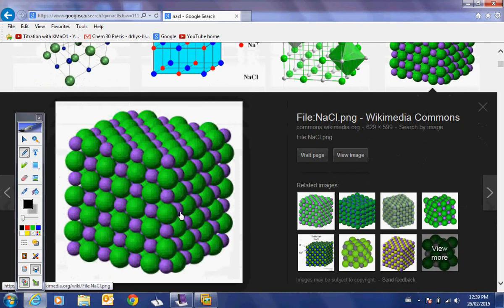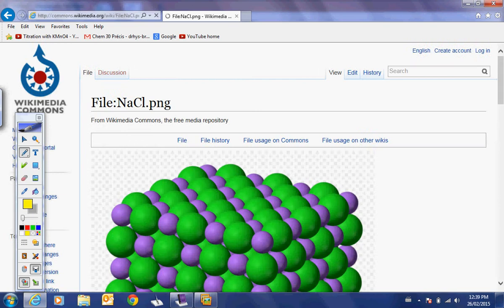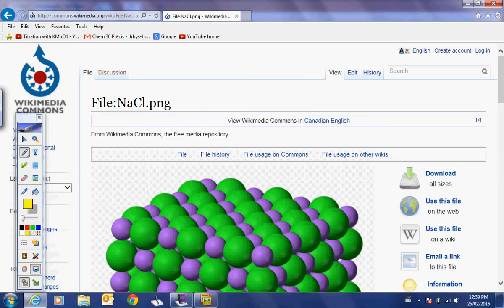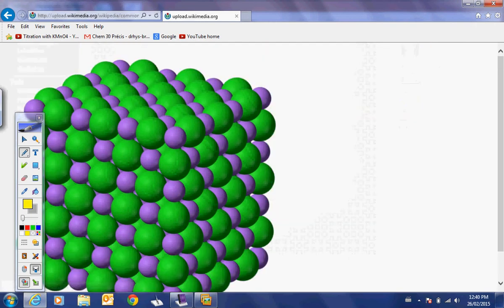Can you see that each of these green things is a Cl? Oh, can I write still on this? Maybe? No, I can't. Okay. Each of these green things is a Cl minus. Oh dear. Okay, that's fine. Each of these green things is a Cl minus, and I'm going to stop touching the board now. And each of these blue things is an Na plus.